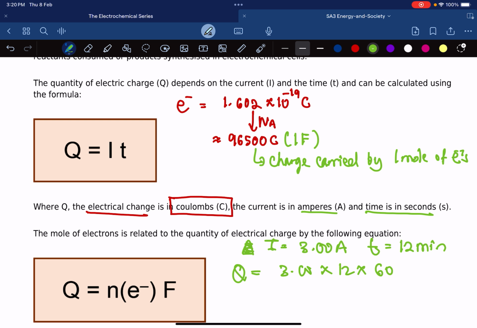We are converting minutes to seconds. So you get 2160 coulombs, which means 2160 coulombs of charge went through the circuit during that time.